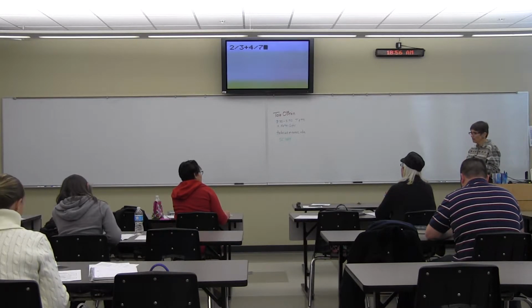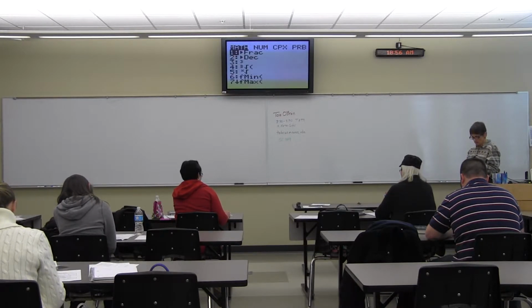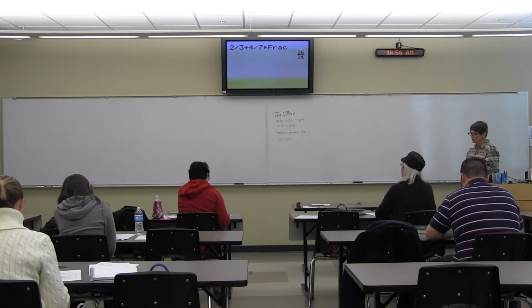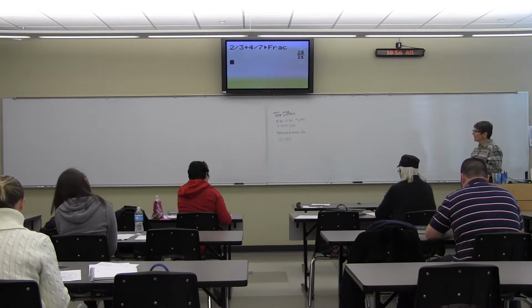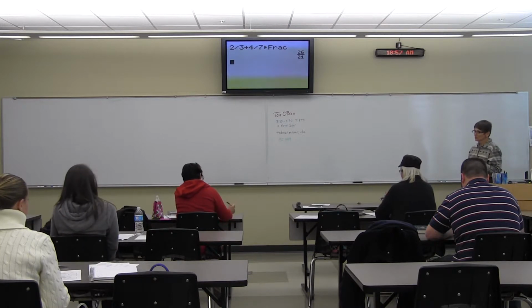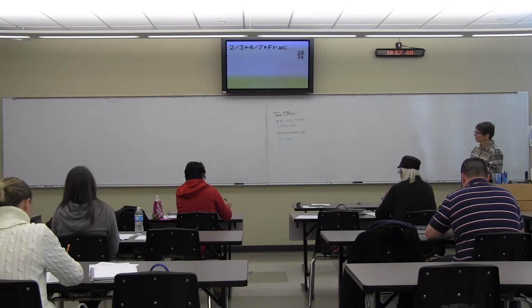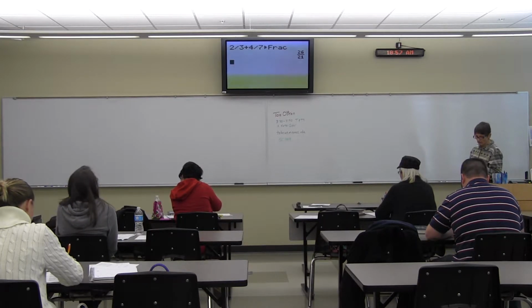Now hit Math and select number 1 and hit Enter. And it gives us a reduced fraction as our answer. So if you've always had trouble adding and subtracting fractions, this is really a nice feature, because it allows you to do it more efficiently and probably more accurately as well.